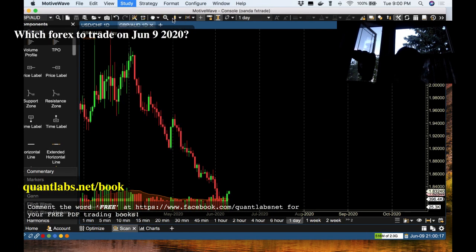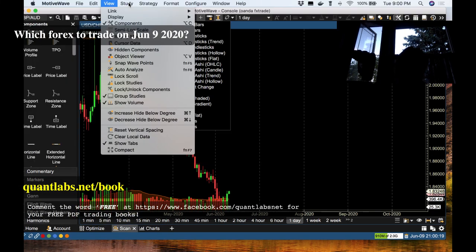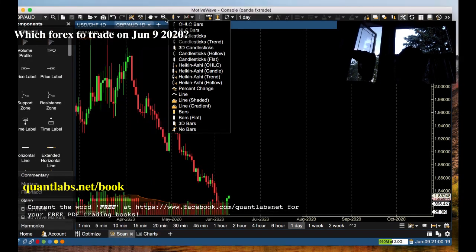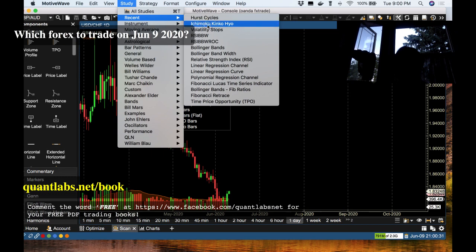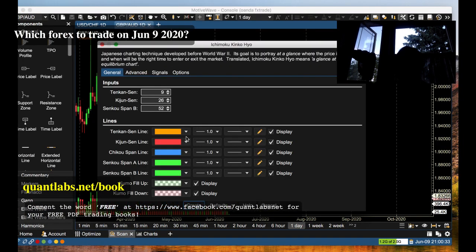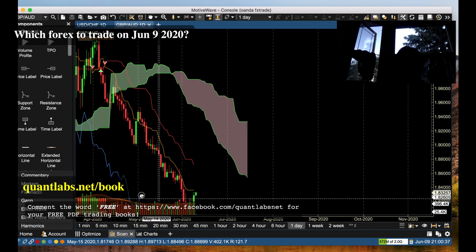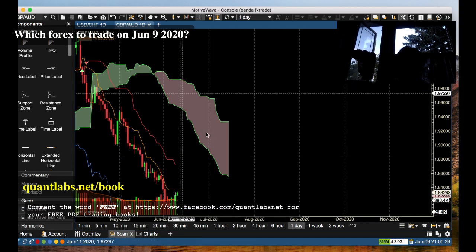Okay, so let's look at the Ichimoku. I'm sure I'll be adding more of these as I find more reliable studies, or as they call them, indicators, really. This one here. Create. You see that ominous downward trend here?